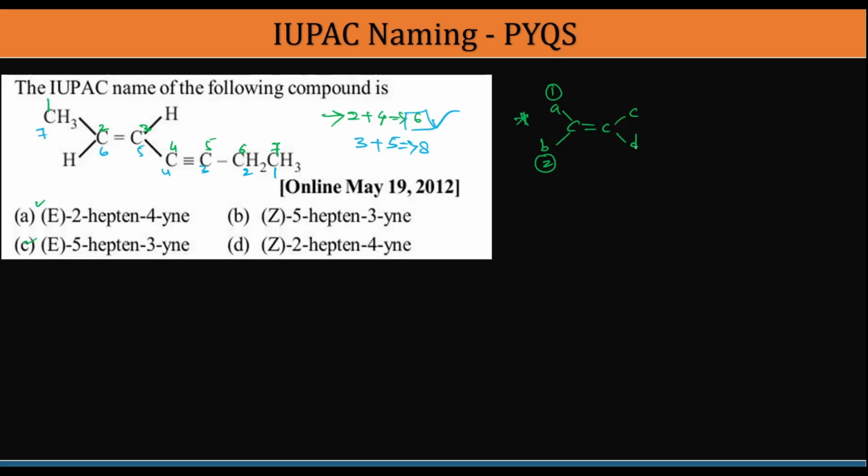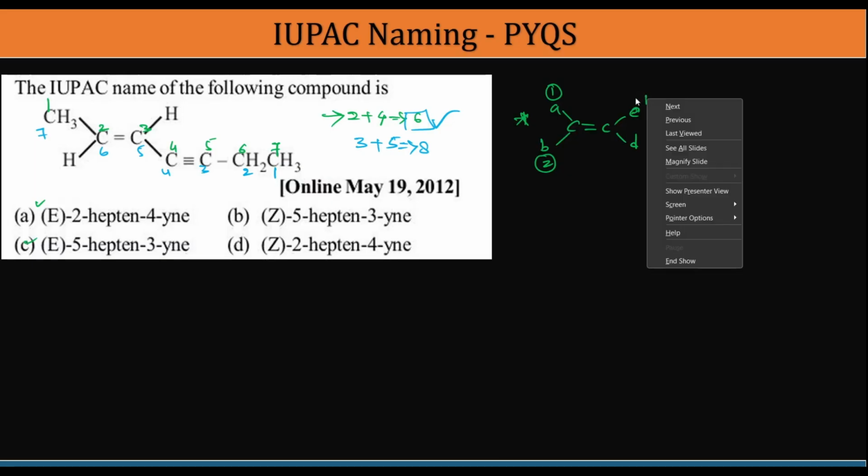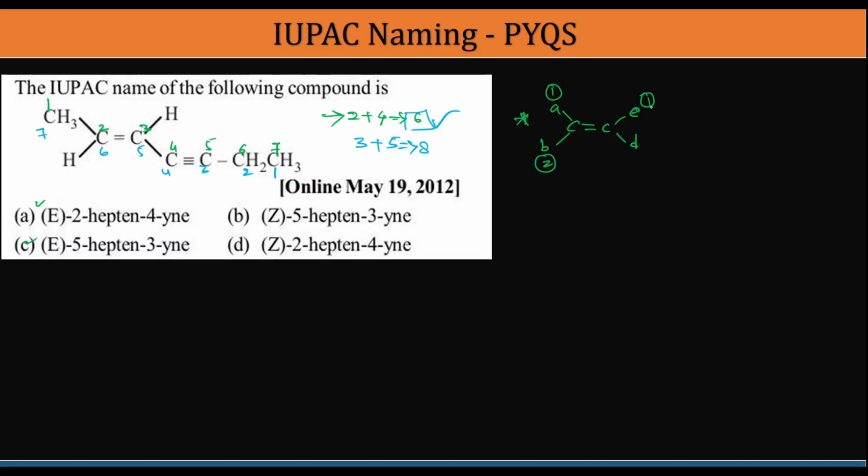And here also we need to compare these two groups. So let's say for example, this is not a carbon. Let's take E. This is just a group that I have mentioned. So let's say this one is the highest priority and this one is the least priority.